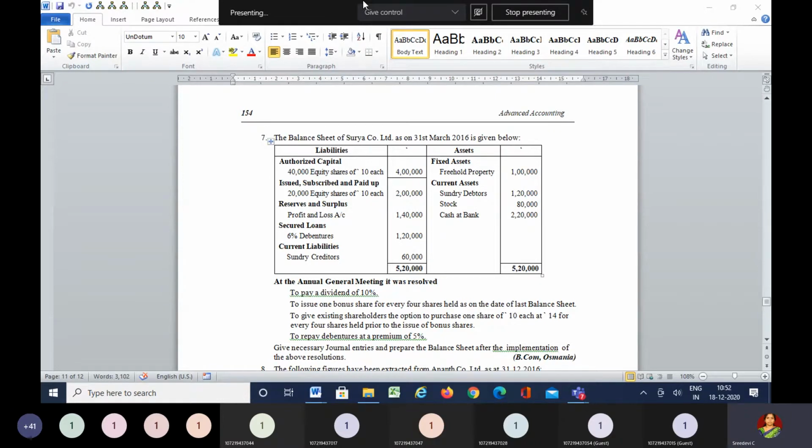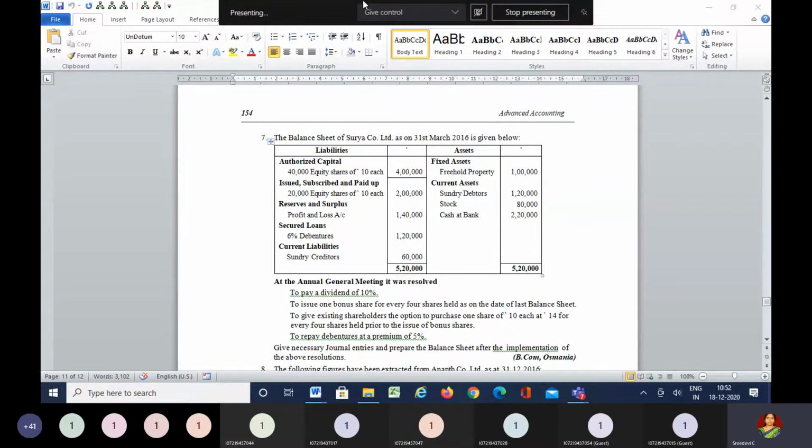Then coming to the third point, what it says is to give existing shareholders the option to purchase one share of rupees 10 each at rupees 14 for every 4 shares held prior to the issue of the bonus shares. Prior to the issue of the bonus shares, we have 20,000 shares, but after the bonus shares have been issued, the number of shares will be 25,000.